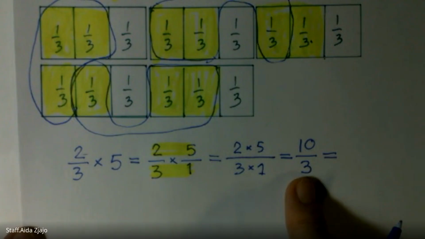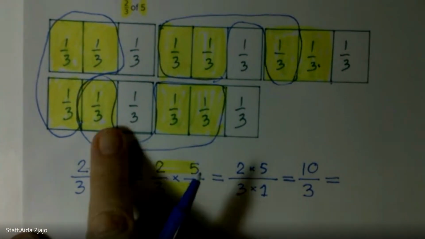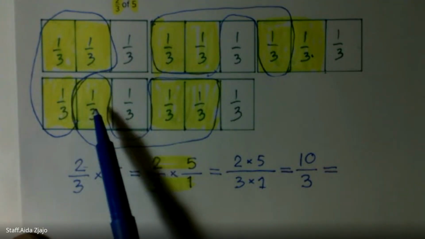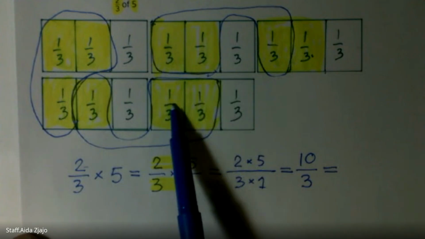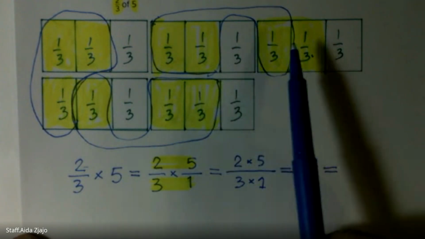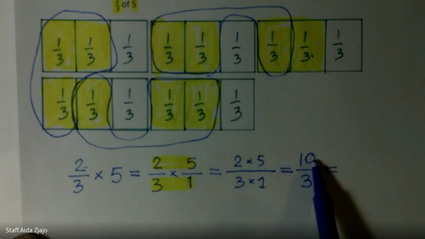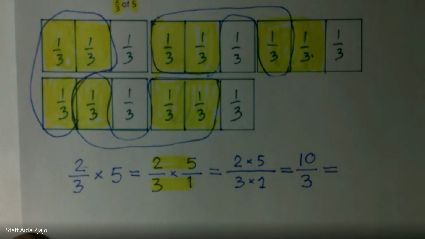So I got 10 thirds. Now that can match with your picture. 1/3, 2/3, 3/3, 4/3, 5/3, 6/3, 7/3, 8/3, 9/3, 10 thirds. So I have 10 thirds there.